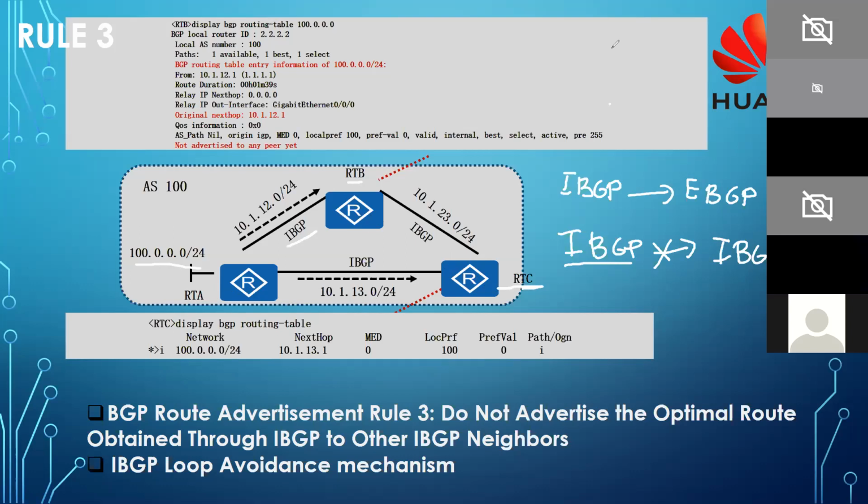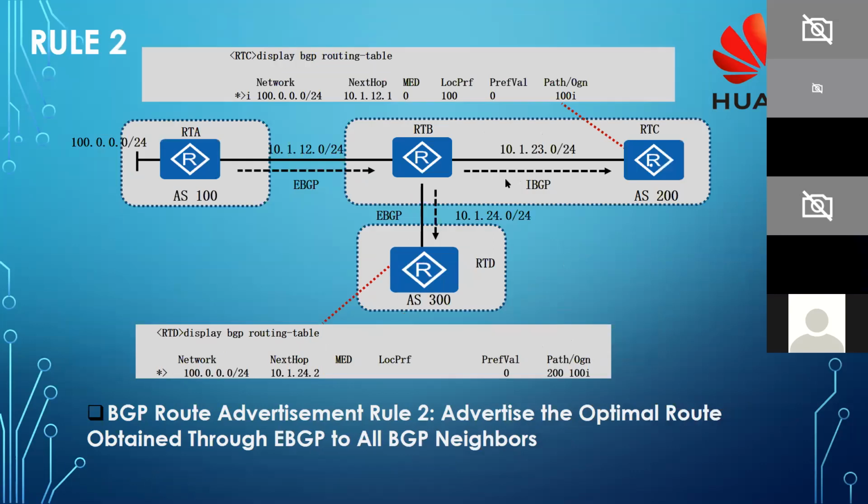Okay. So I will explain in this example. When RTA sends to RTB, RTB can send it to RTD and RTC. RTC receives the update via iBGP. But if RTB has another connection with another router in the same IS, let's say router 1, and there is no iBGP session between RTB and RT1, RT1 will never receive this route, because there is RTC.